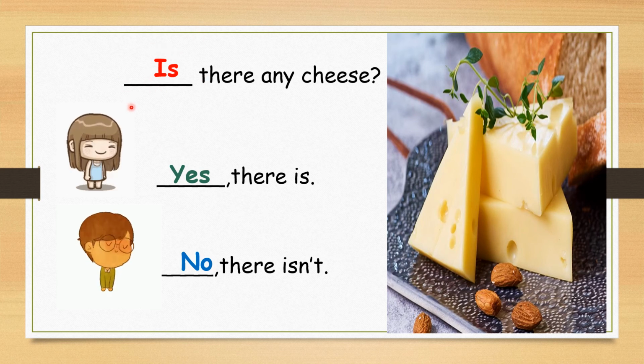Is there any cheese or any nouns to follow with the question. Okay, and then if the thing is available, we say yes, there is. If it's not available, we answer no, there isn't.